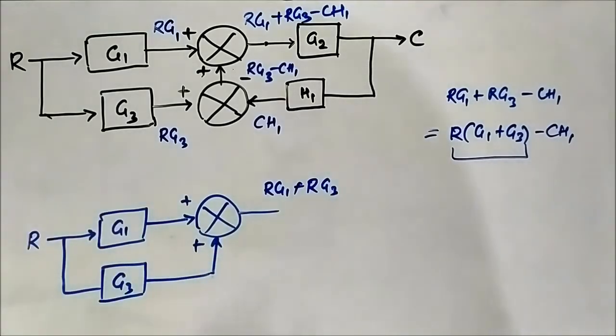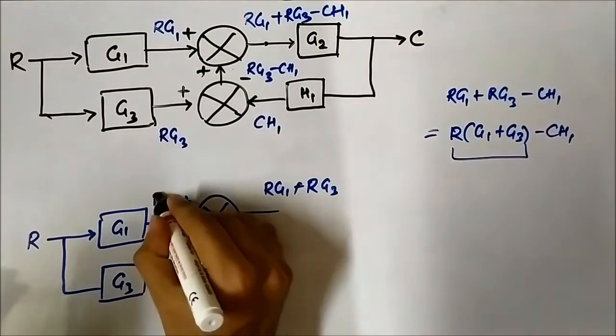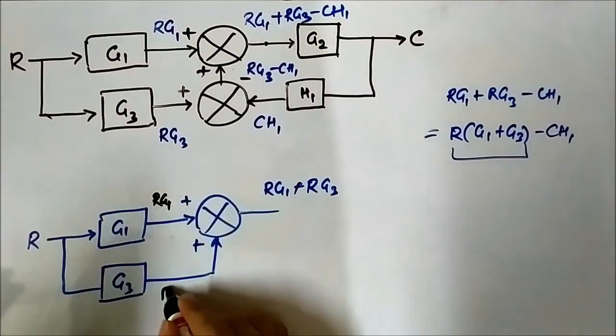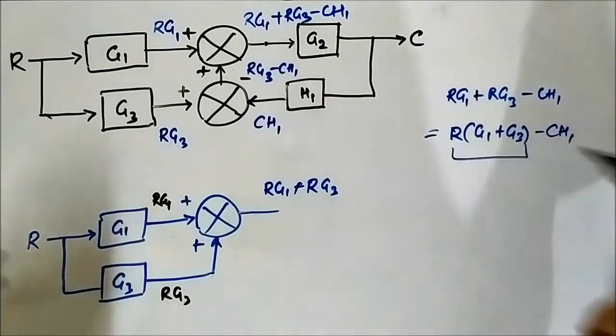Here this is RG1, this is RG3. So we have got this portion.